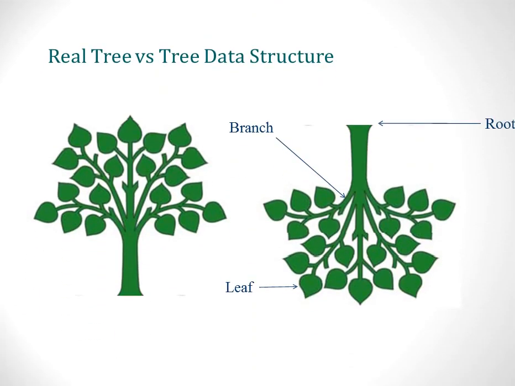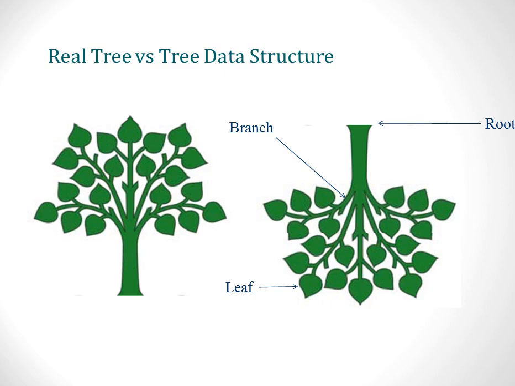If we compare the real tree with the tree data structure, they are completely opposite. In the real tree, the root of a tree is at the bottom of the tree and the branches and leaves are at the top of the tree. But in the tree data structure, the root of the tree will always be at the top and the branches and leaves will be at the bottom.